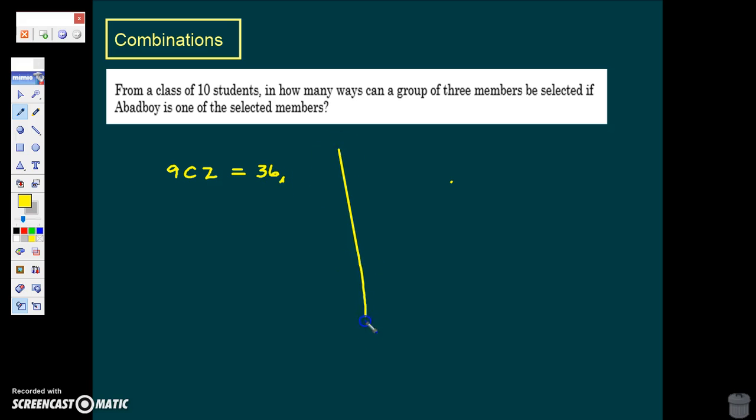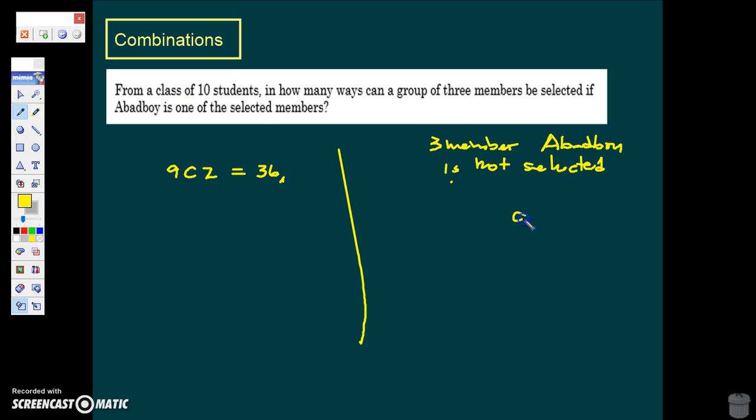Now another way of looking at this problem, if we are to make a 3-member group and a bad boy is one of the selected members, let's count the number of cases where a bad boy is not selected. So if we are to choose a 3-member group wherein a bad boy is not selected, we have to exclude a bad boy from being picked out of the 10.